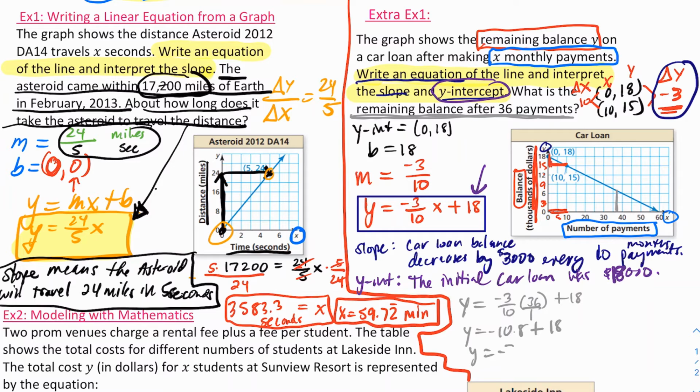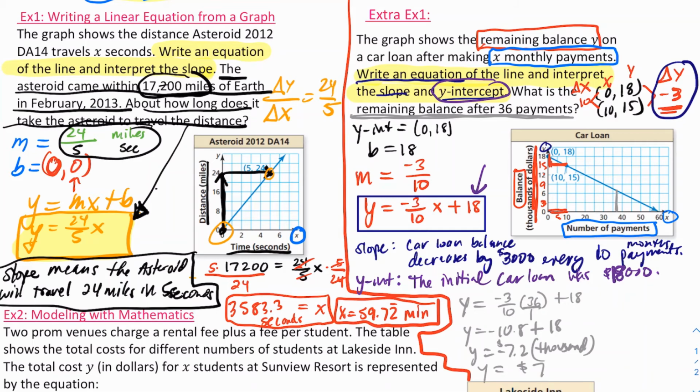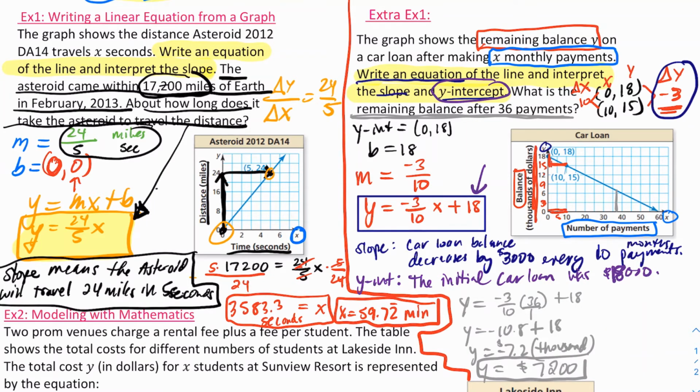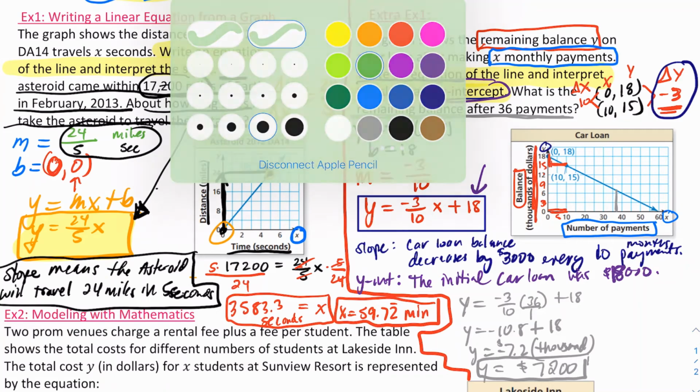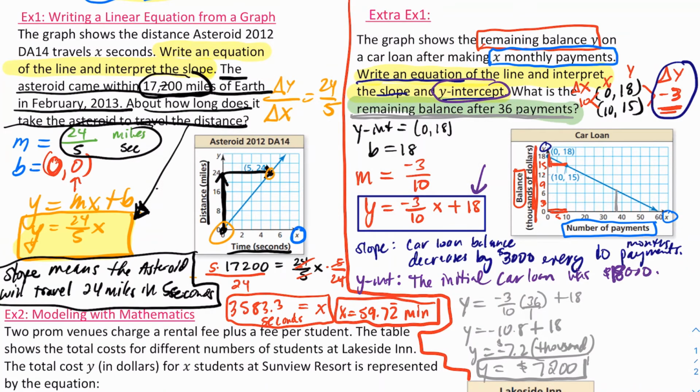So y is going to equal 7.2 thousand, which means you multiply that. So that means you're going to owe $7,200 after 36 payments. Okay, so for this question, that's your answer, $7,200.